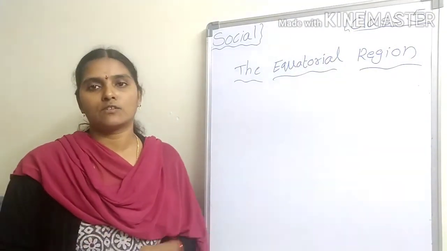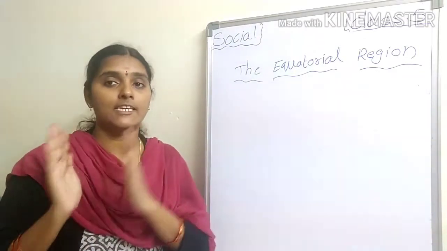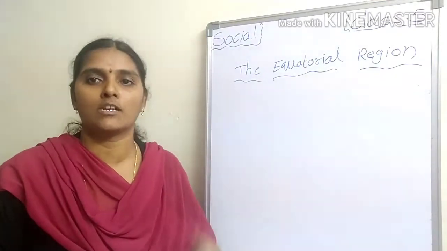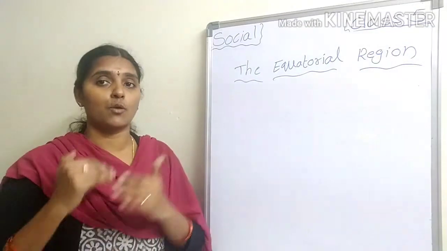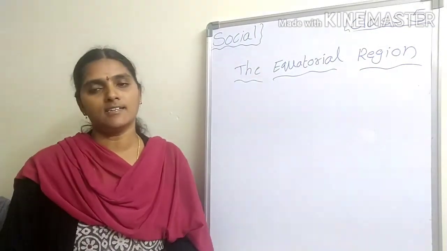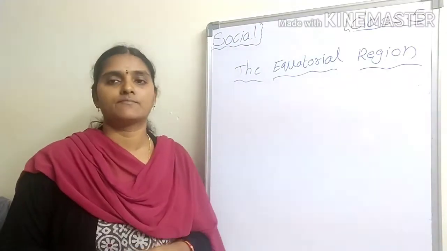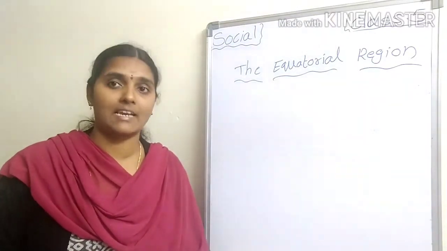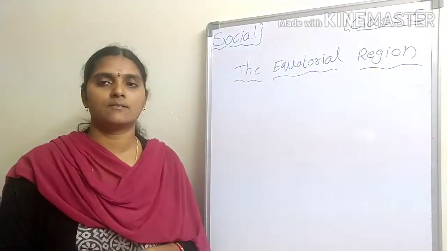In the previous class, I explained the Equatorial Region. The Equatorial Region is located between the equator and the Tropic of Cancer in the northern hemisphere, and between the equator and the Tropic of Capricorn in the southern hemisphere. The Equatorial Region has a tropical climate with high temperature and high humidity.